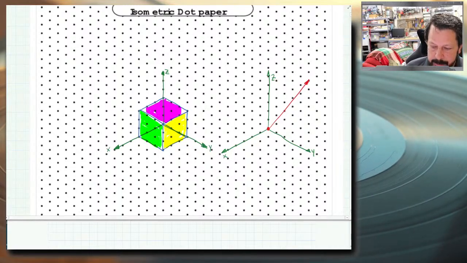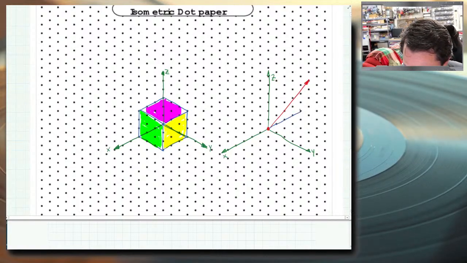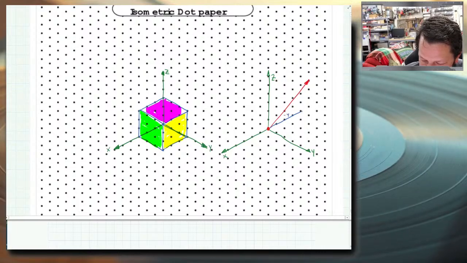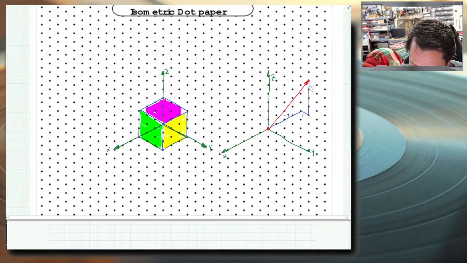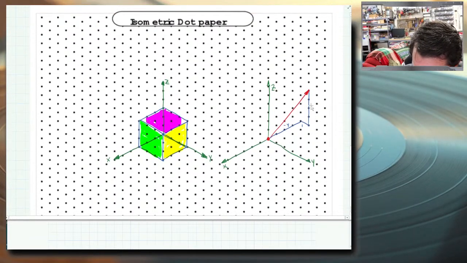One way is we will show going back 1, 2, 3, 4. So that's a -4 for the X, going over 1 in the positive y, and then going up 1, 2, 3, 4 in the z direction.